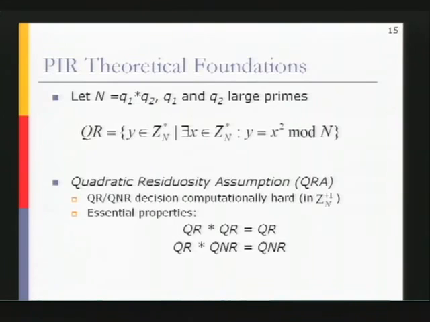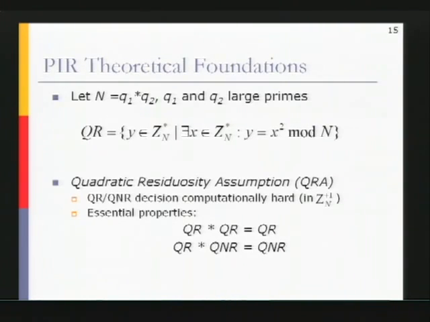We have their product n. And then we have the set QR, the set of quadratic residues. It consists of those numbers y which are prime to n, and for which there exists an x such that y equals x squared in modular arithmetic.